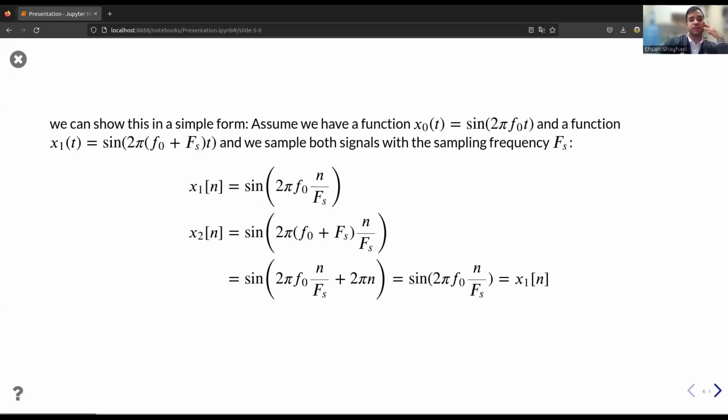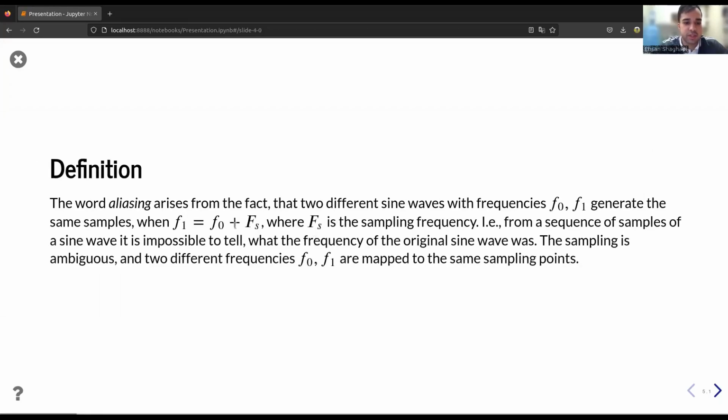Now, more formally, if we represent our signal with frequency f0 as the series x1[n] equals sine of 2 pi f0 n over fs, where n is our series index and fs is the sampling frequency. If we present f1 as the candidate, then f1 is basically f0 plus fs.